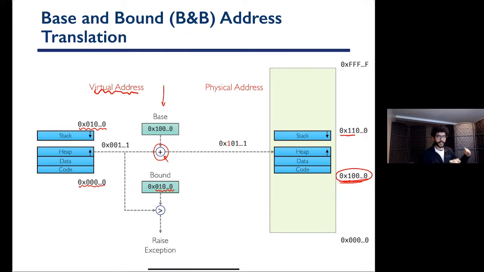And then we had this limit register, which we would use to make sure that the address is also less than base plus limit. Now, in this one, where we have a virtual address, to translate, we just add it to the base. So this is very simple scheme, very simple.